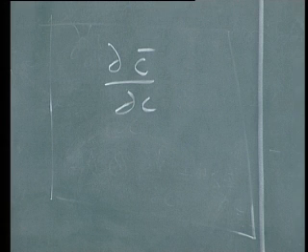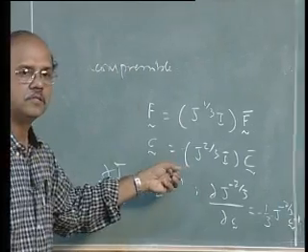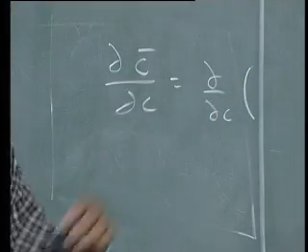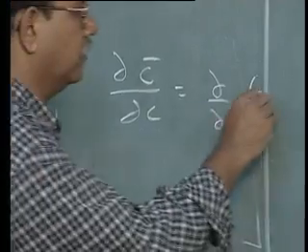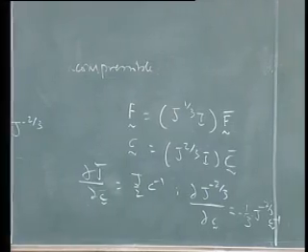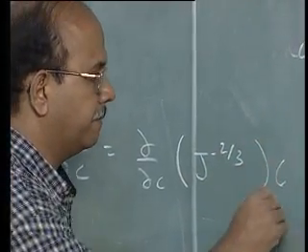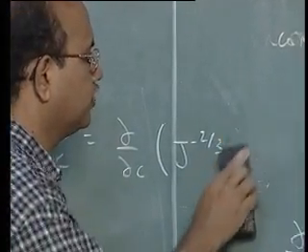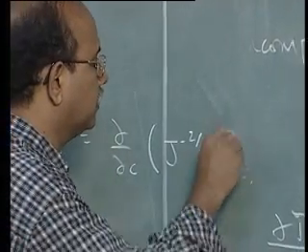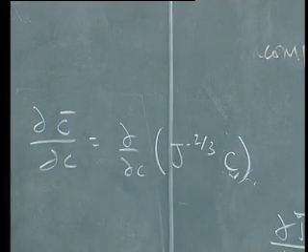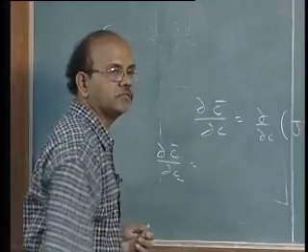From here, C bar is equal to J power minus 2 by 3 C, so dou C bar by dou C is dou of dou C of J power minus 2 by 3 I C, or in this case you can remove the I and put straight away C. So compare this with what I wrote down before, and let's see what this gives rise to.